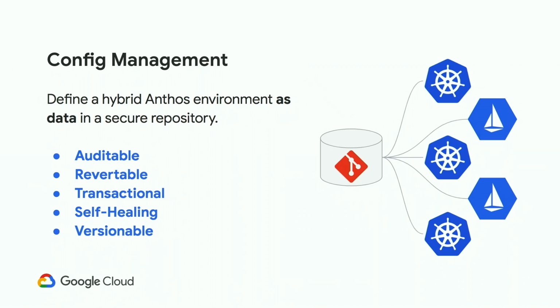And so that's where Anthos Config Management comes in. With ACM, what we're trying to give you is the ability to define the state of your deployment and store that in a central, secure Git repository. The benefits of doing that are the same benefits that apply to typical software development. We have the ability to audit changes a lot more cleanly now.